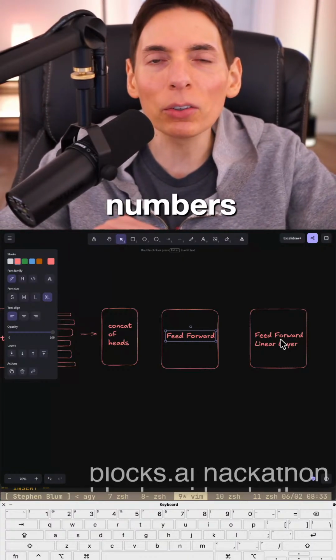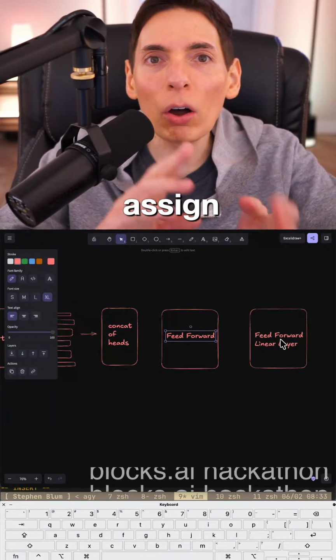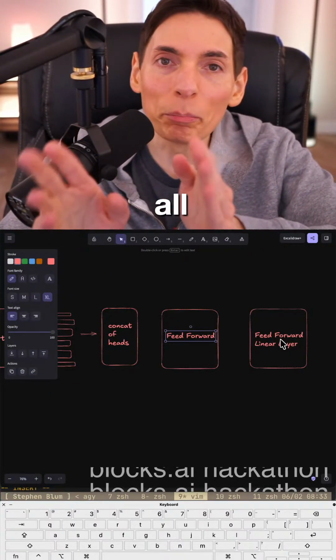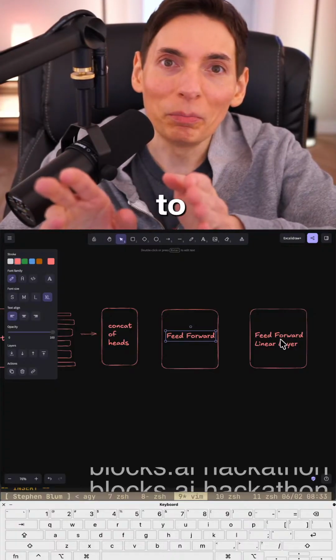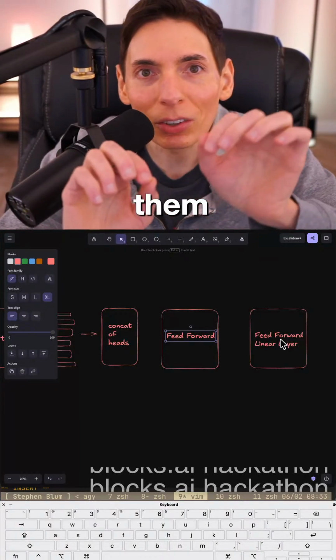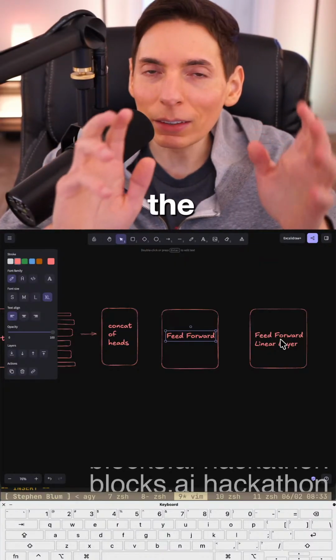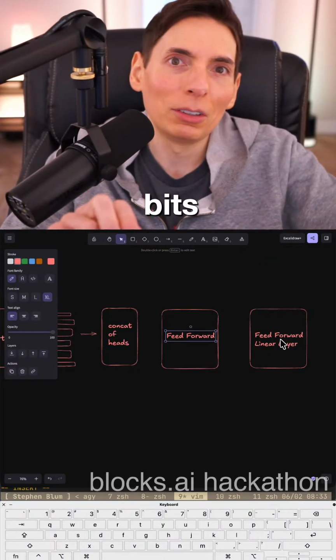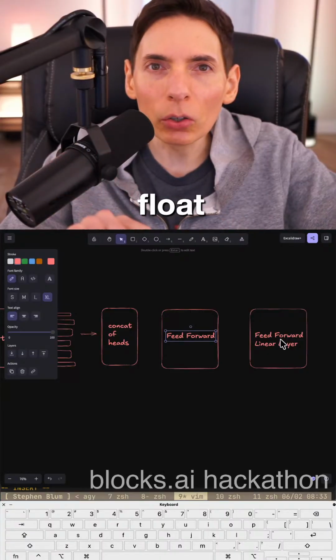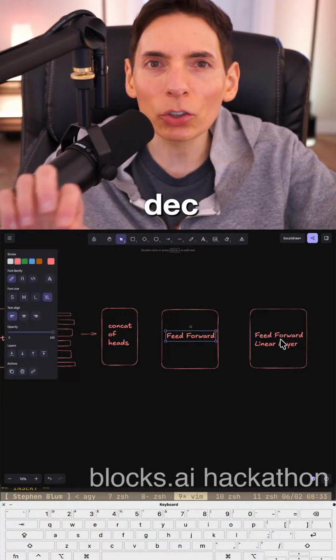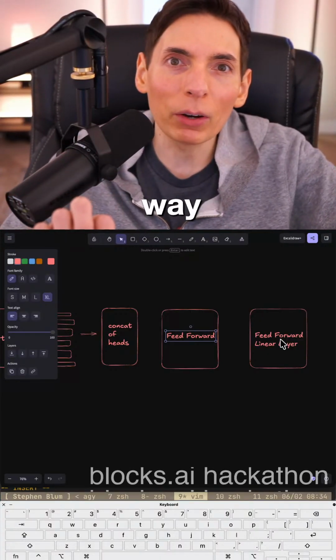The floating point numbers don't assign all the bits to decimal precision. Some get assigned to whole numbers, and if you're mostly working in decimal precision, you're throwing away a lot of bits. I think there's something called bfloat that gives you more precision in decimals, so it works a little better that way.